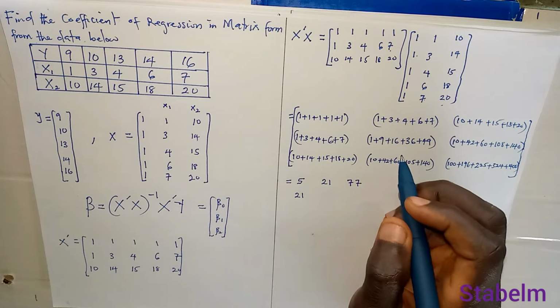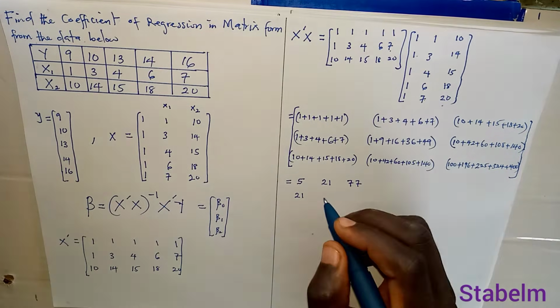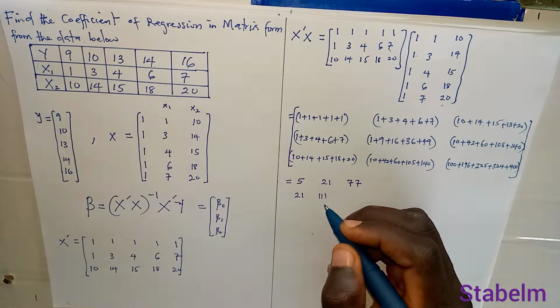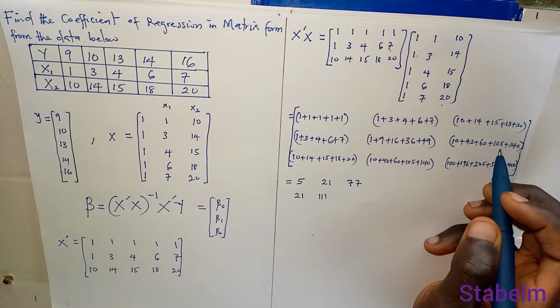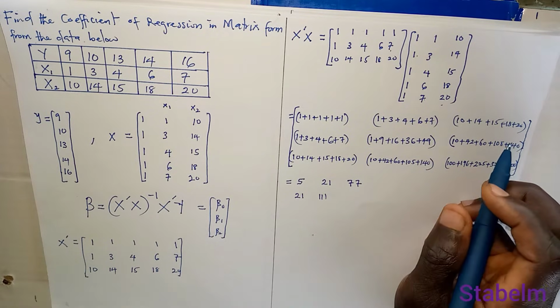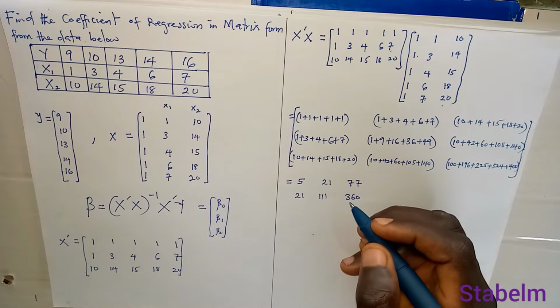Now 1 plus 9 plus 16 plus 36 plus 49, that will give us 111. Now 10 plus 42 plus 60 plus 108 plus 140, that will give us 360. If you use your calculator, very well.